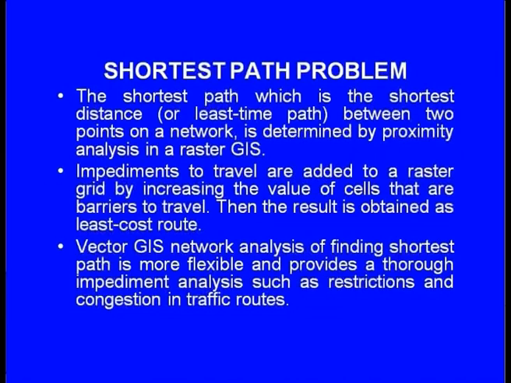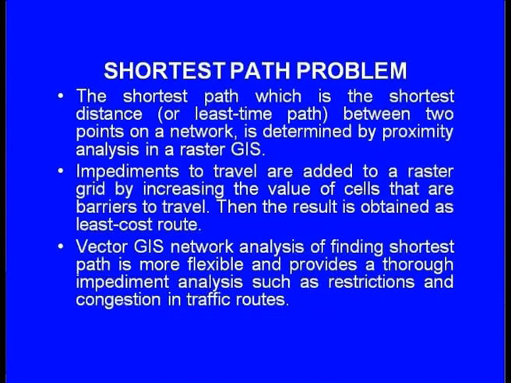So, let us look at some of the typical network problems which can be solved using GIS. First is the shortest path problem. The shortest path, which is the shortest distance or the least time path between two points on a network, is defined by proximity analysis in a raster GIS.